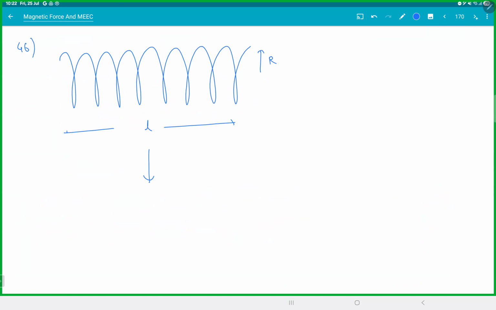Now you took this and rewound it to half the radius.